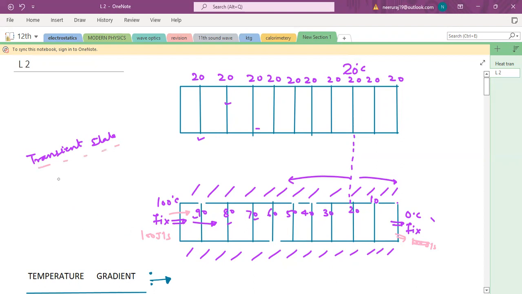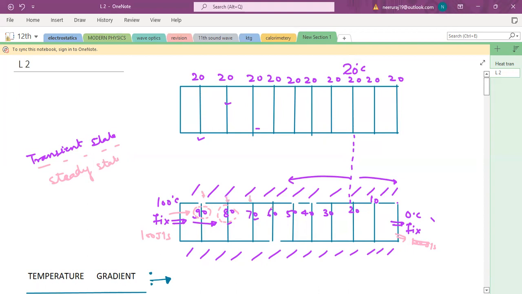Then after this, the state reaches the steady state. So what happens in the steady state? Now the temperature of this layer can increase up to only 90 degrees. This layer's temperature can increase up to 80 degrees.